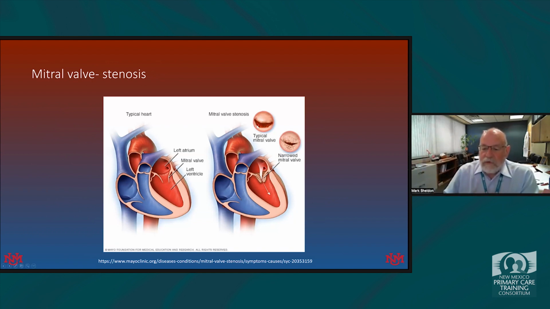This is the anterior leaflet. These are the posterior leaflets. This is fairly normal here. This is thickened with rheumatic fibronodular deposits, and the commissure, the actual place where the valve leaflets come together, starts to fuse. And now you have a stenotic valve opening.